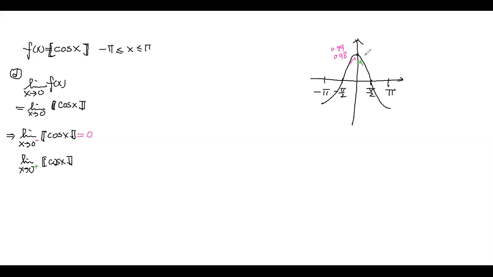So the value of your cosine function is still going to approach 1. So it's 0.999 or 0.98 something, right? What is the largest integer less than those values? Still equal to 0. So you see the right-hand limit equals the left-hand limit. So the limit exists, yes. So what is the limit? The limit is 0, right? Okay, very good.